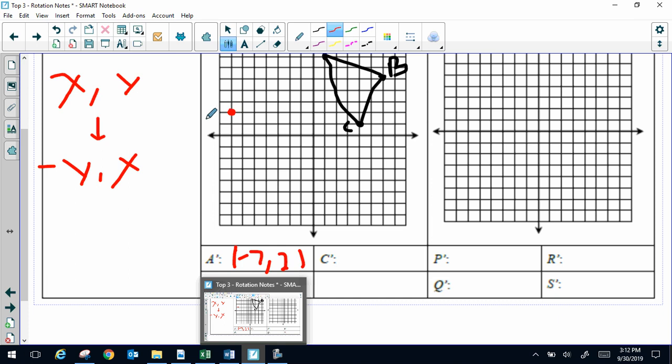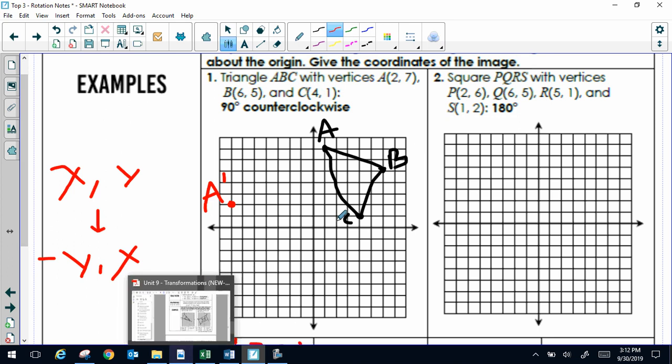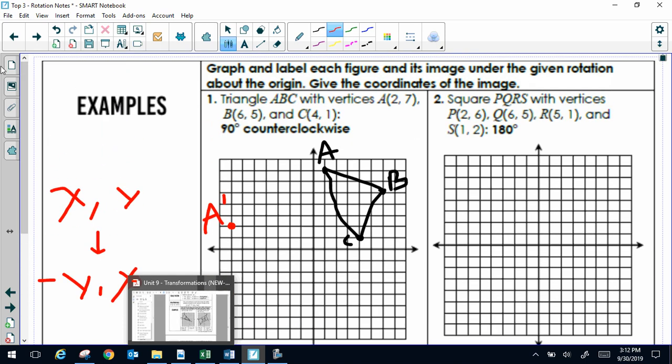So B is currently at 6, 5. So when I do this, if I flip them, that would be at 5, 6, but then change the sign of your y to -5, so it would be at -5, comma 6. Which would be right here.